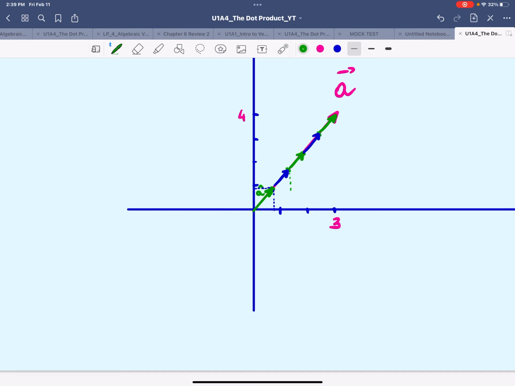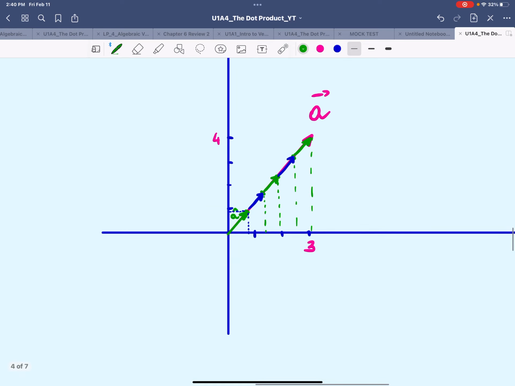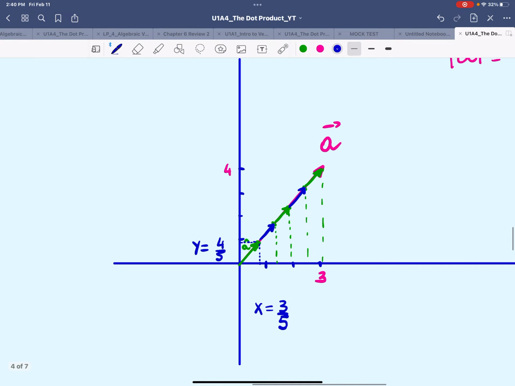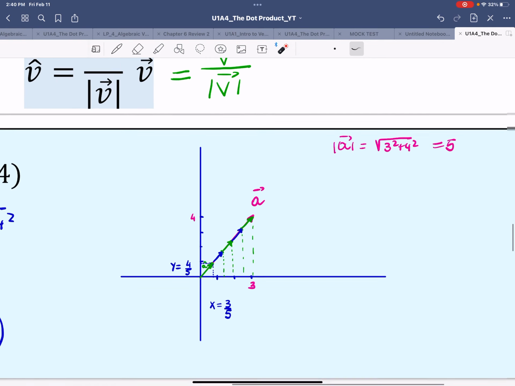So the x coordinate is shared, right, into 5 parts. So therefore, we're going to say that the x coordinate will be 3/5, right? And the y coordinate of the unit vector will be 4 over 5, right? Because, here we go.